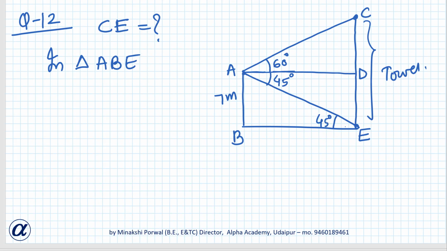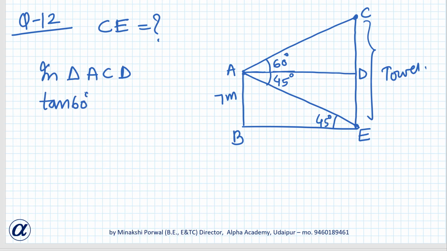First of all, in triangle ABE, if we know the perpendicular, we can find the base. Instead of doing this, we can start from that also. In triangle ACD, tan 60 degrees is equal to perpendicular upon base. Tan 60 is √3.